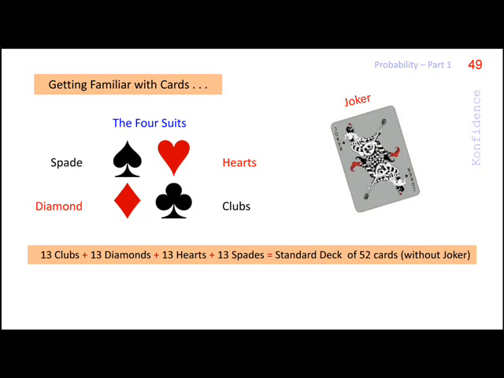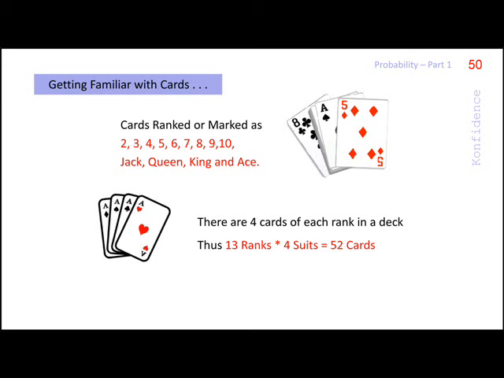Sometimes, the deck of cards may include special cards that do not belong to any suit and are often called jokers. However, if nothing is said explicitly about their presence, we usually assume that they are not there and that the deck contains 4 into 13 or 52 cards. The 13 cards within a suit are ranked or marked 2, 3, 4, 5, 6, 7, 8, 9, 10, Jack, King, Queen, and Ace.